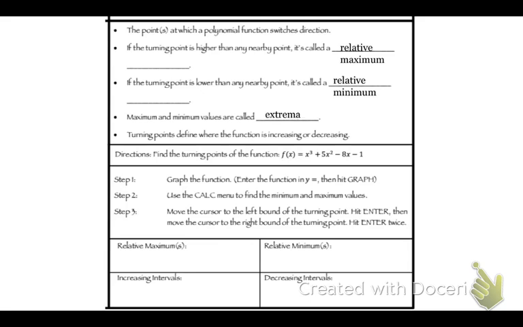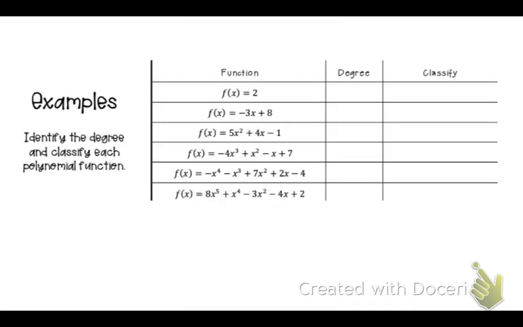Whenever it says find the extrema, that means finding the maximum and minimums. And then turning points define where the function is increasing and decreasing. I want to go more in depth with that later, and I'll do it with you guys in person. We're going to do this one in class because I want to do it when I know everyone is doing it with me.